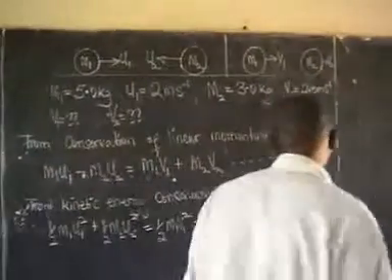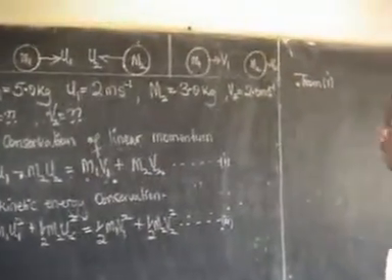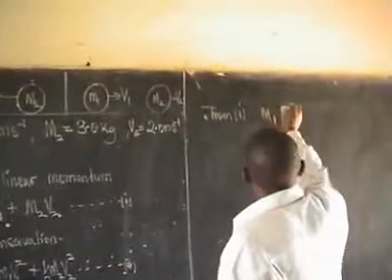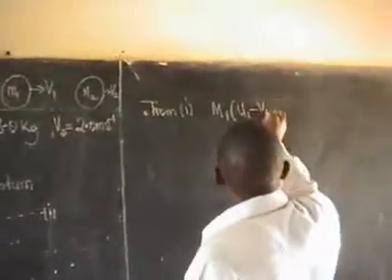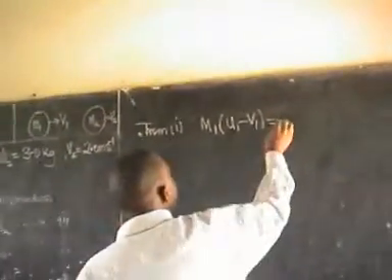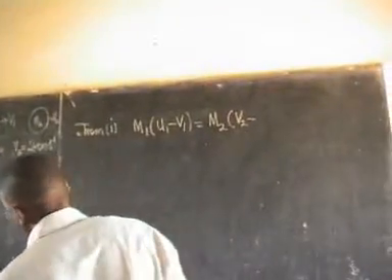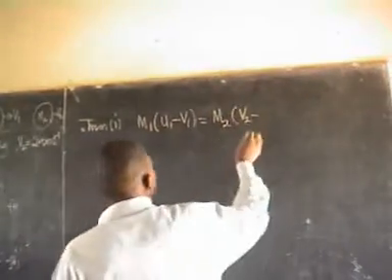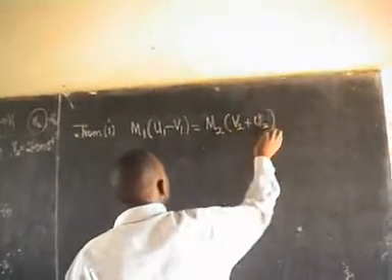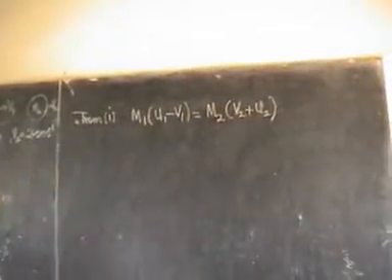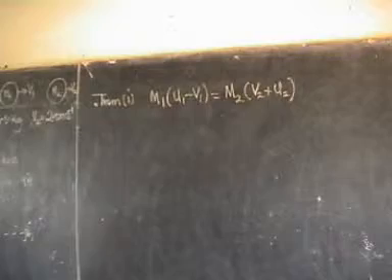So from equation 1, we shall have m1 bracket u1 minus v1 is equal to m2 bracket v2 minus u2. So it's now plus u2. So I have collected like terms and I have factorized it. Remember, always time is on our neck.